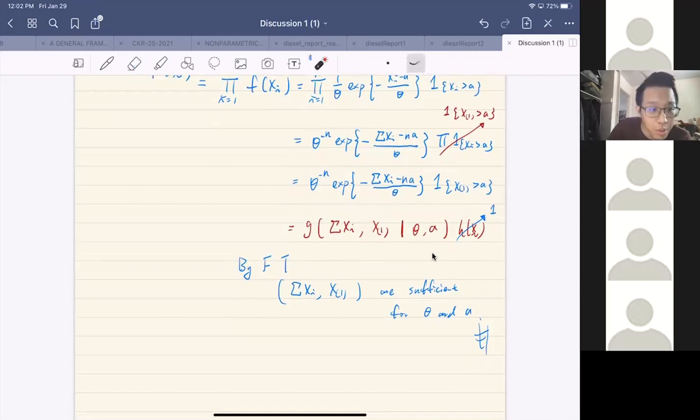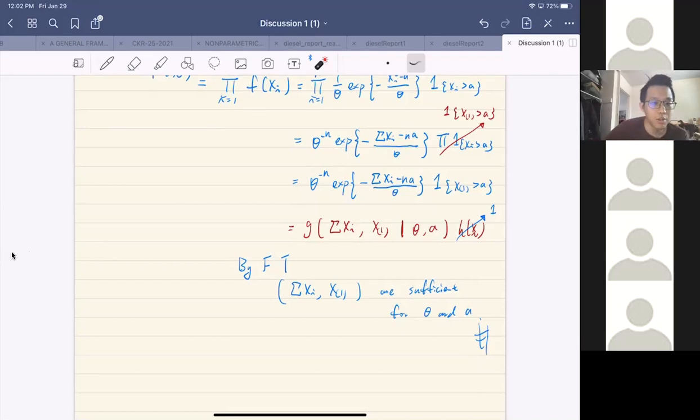Okay. Any more? How do you know that the summation si... Okay, that's great. The statistic cannot depend on the parameter.